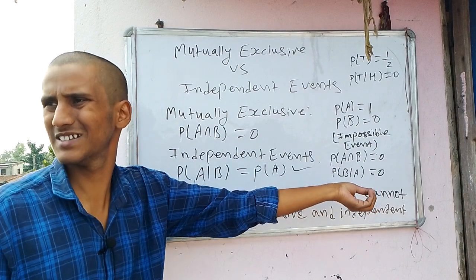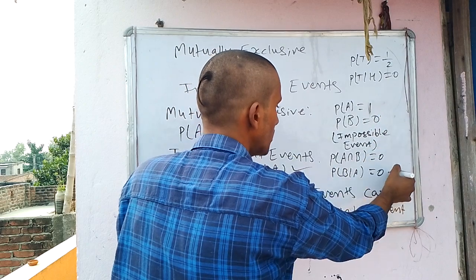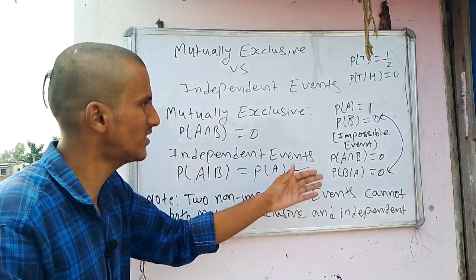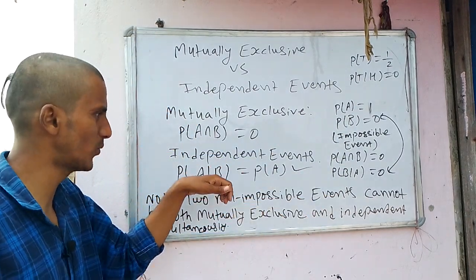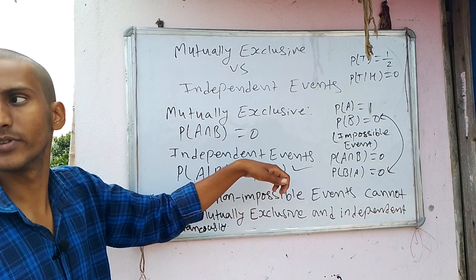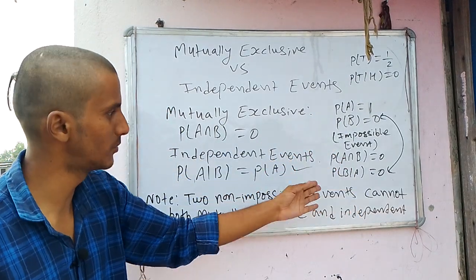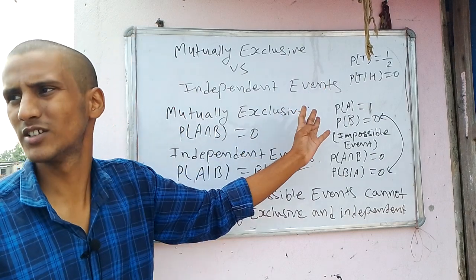It is impossible. It means these two are equal, the conditional probability and the ordinary probability. When they are equal, we can say they are independent. So in this case they are independent and mutually exclusive at the same time.